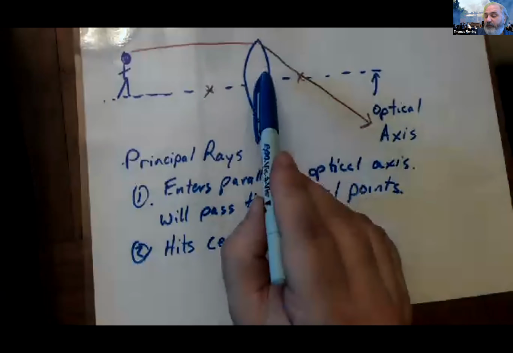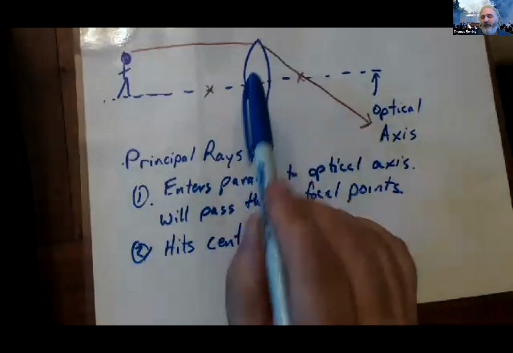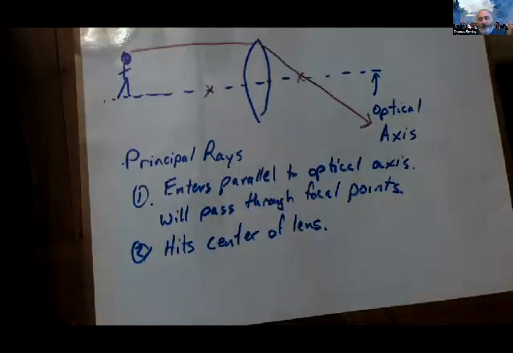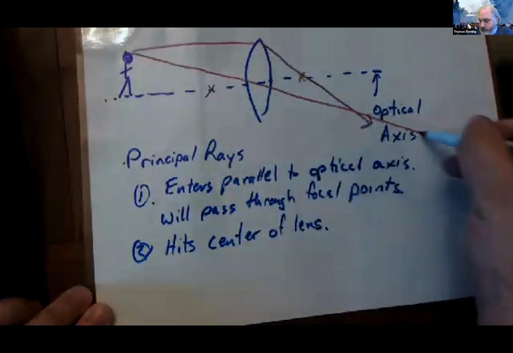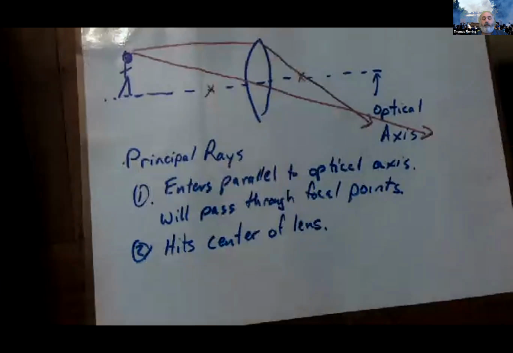Well, if the lens isn't super thick, the amount of shifting you're going to get is not going to be very big. So the ones that hit the center of the lens are going to bend one way coming in, but because of symmetry, when they come out the other side, they're going to bend exactly the same amount on the way out, and they're going to come out undeflected. So ray number 2 is going to hit the middle of the lens and just go straight through. So far, so good.